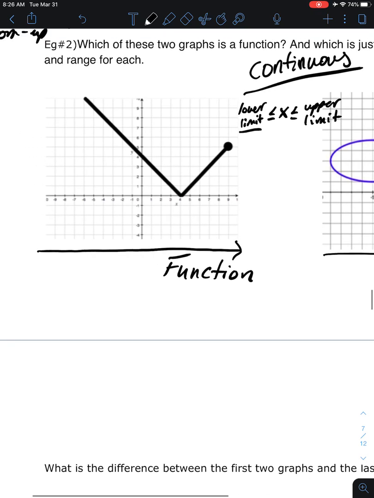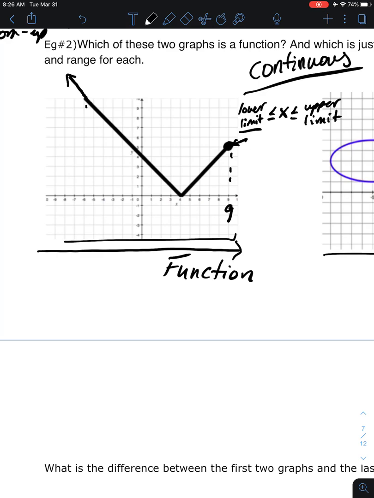And so if I look at this graph here, you can see that I have a definite end to it right there at x equaling 9. But this end over here does not have a point on it, so that tells me that this continues going up and to the left to infinity.